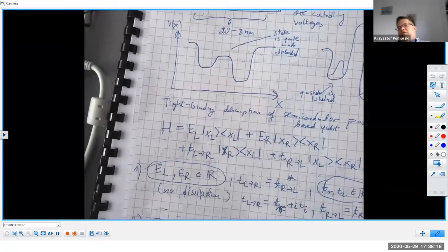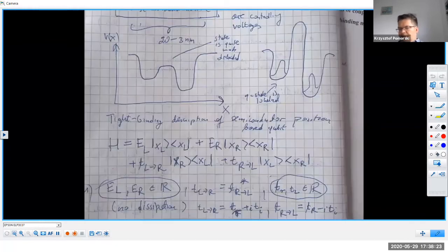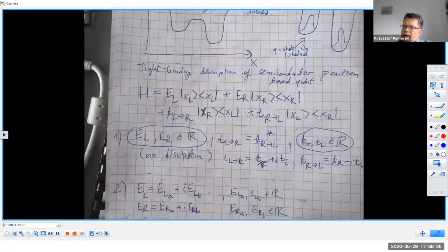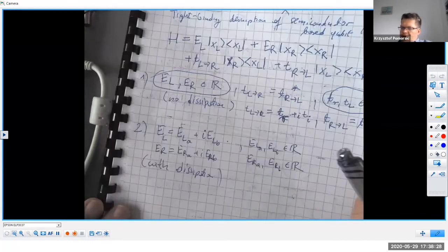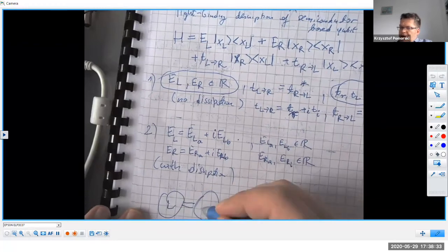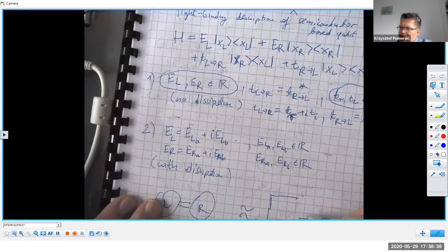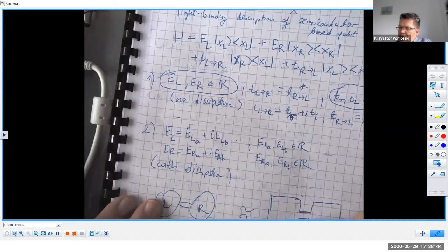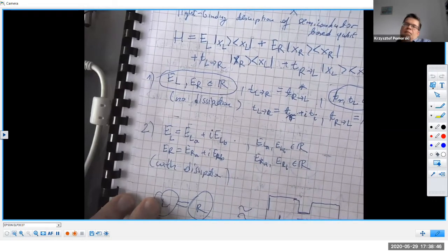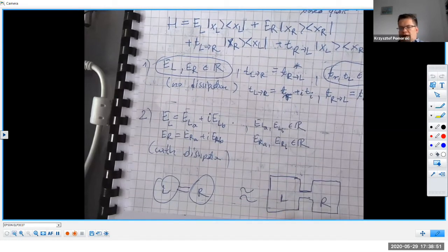there is a very nice analogy. We have two quantum dots, so this picture, two quantum dots. We have left and right. It's a kind of equivalent to classical resonant cavities. You have a left cavity, right cavity. There is a weak interconnection, so there are eigenmodes of the resonating electromagnetic field in the left and right.